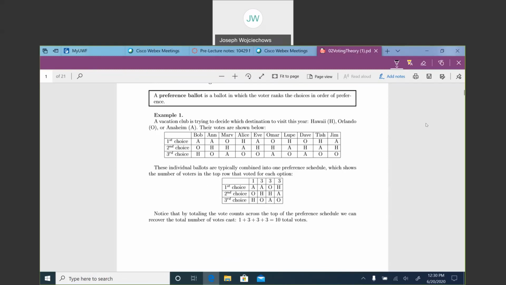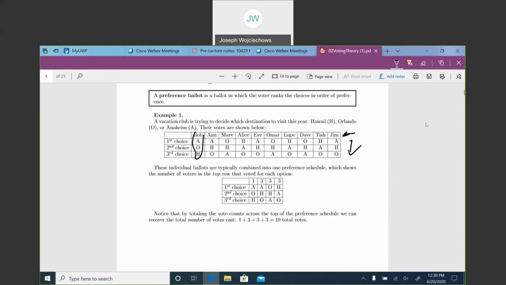here are their votes. Here we list all of the voters, and then down this way is their first, second, and third preference. Now these individual ballots are typically combined into a preference schedule, which shows the number of voters that voted for each option. So let's look at this first one here, AOH.